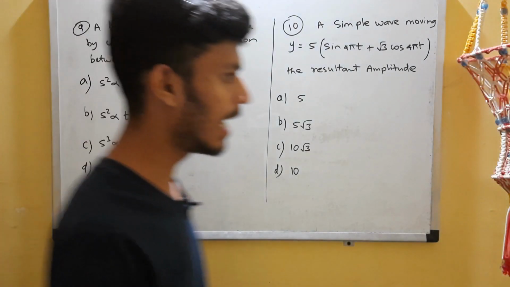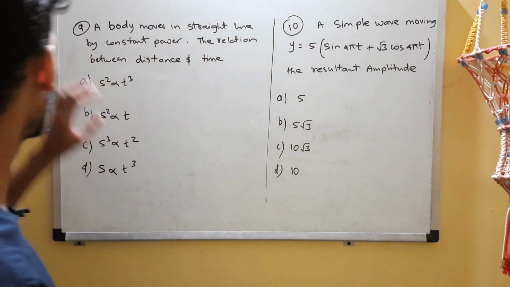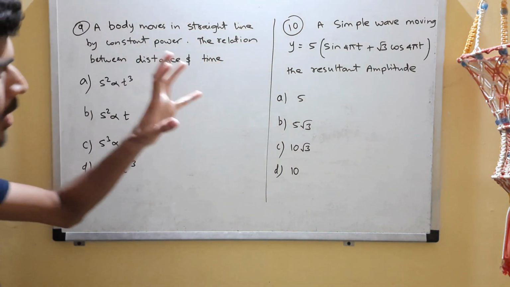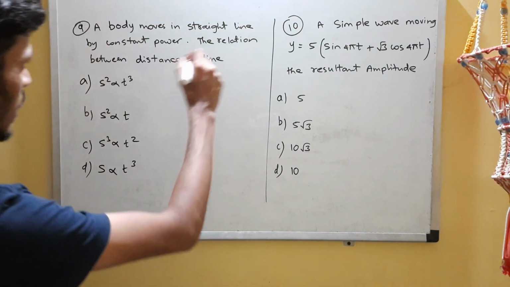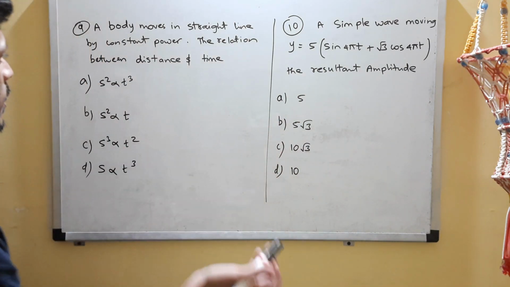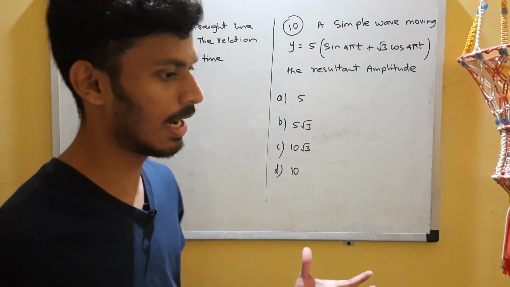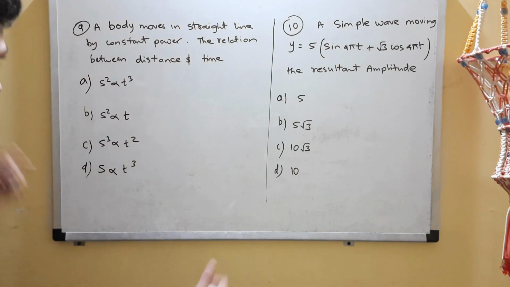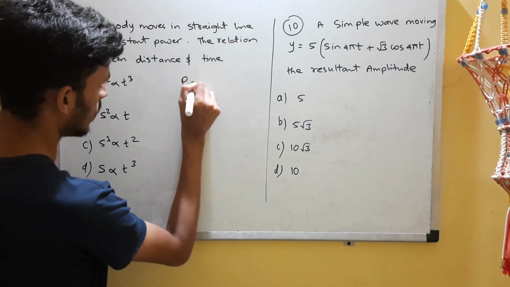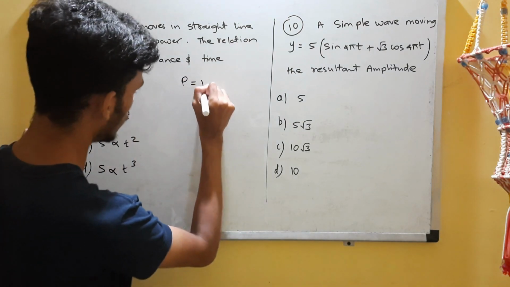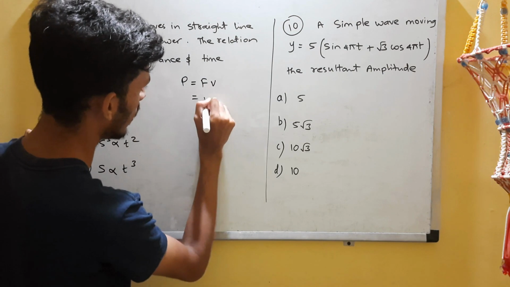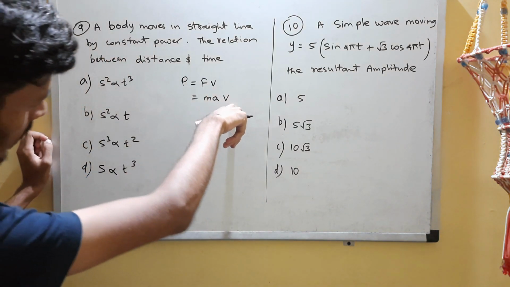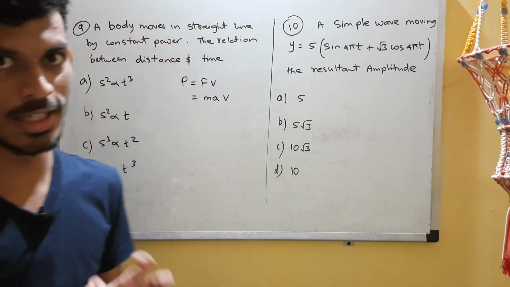So questions 9 and 10 over here, let's get straight to it. In question 9, we are told that a body moves in a straight line with a constant power, and we are asked to find the proportionality relation between distance and time. It's very simple. You are just supposed to write power as force into velocity. Force is mass into acceleration, and let's express everything in terms of distance and time.